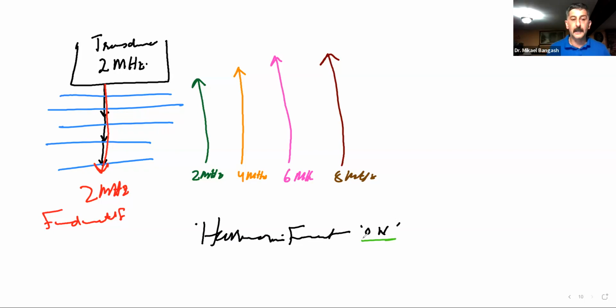What the system will mainly say is, well, 2 megahertz was the same frequency as the fundamental frequency. So it will discard the frequencies produced by the 2 megahertz wave.